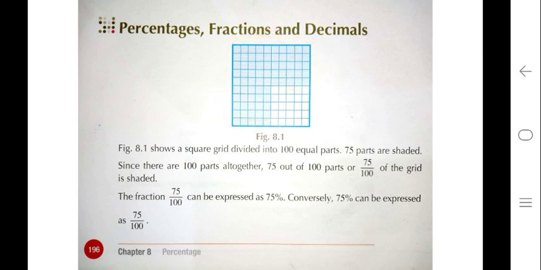That's in fraction. Now how to express this fraction in percentage? You just write 75 and the percentage symbol. So conversely, 75% can be expressed as 75 over 100. So basically this percentage symbol means over 100.